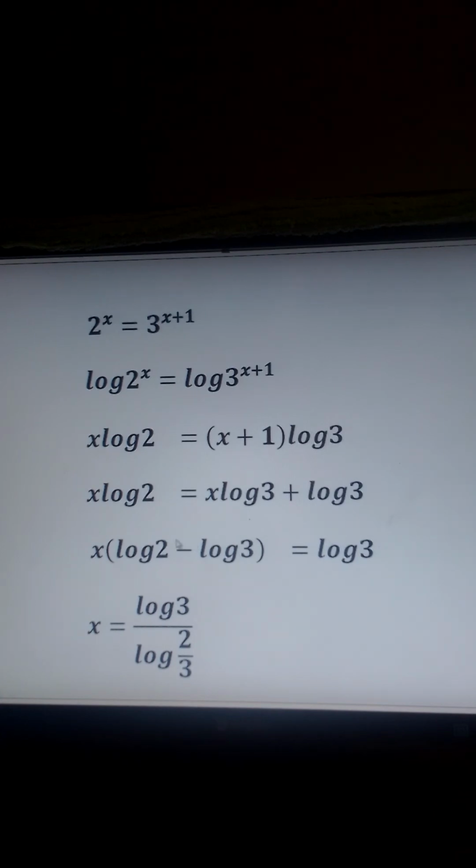So to get x, you divide both sides by log 2 minus log 3. So here you will have x is equal to log 3 divided by log 2 minus log 3. How do you write log 2 minus log 3? You write it as log 2 over 3, because when you are dividing numbers, you find the difference of their logarithms. So that is how we can solve that equation.